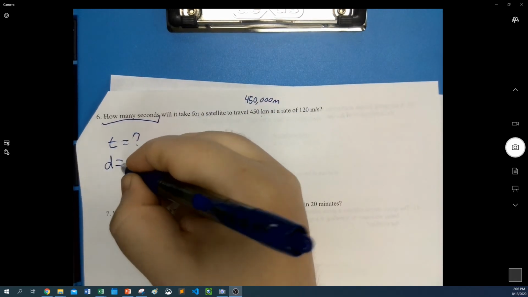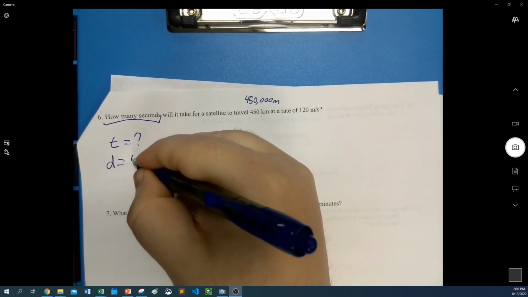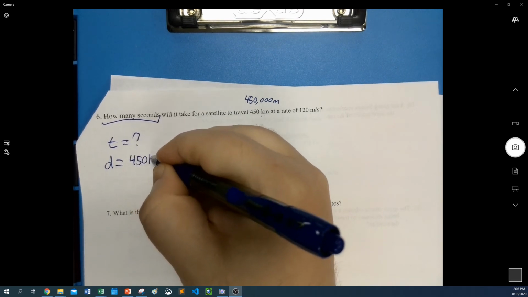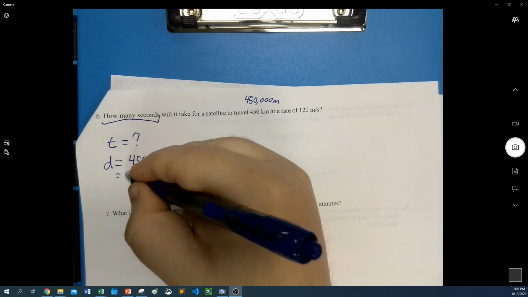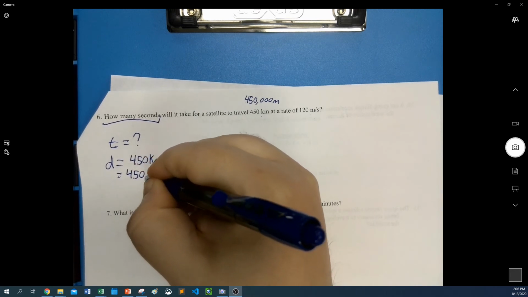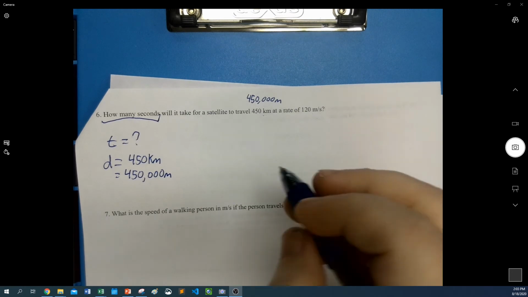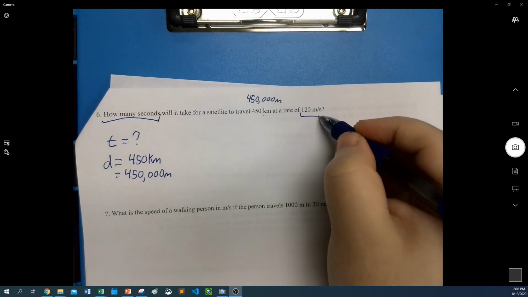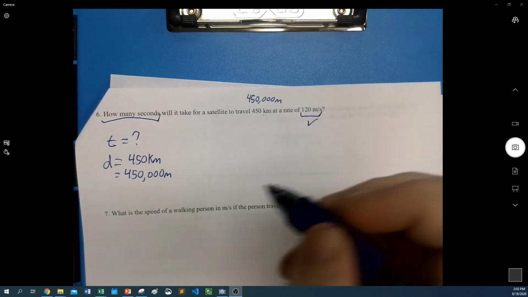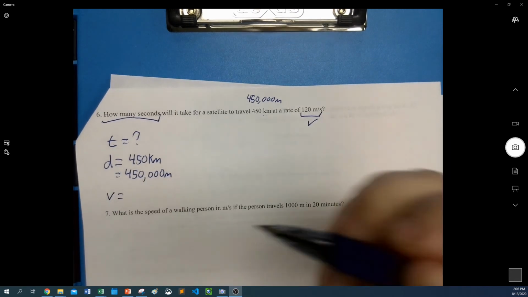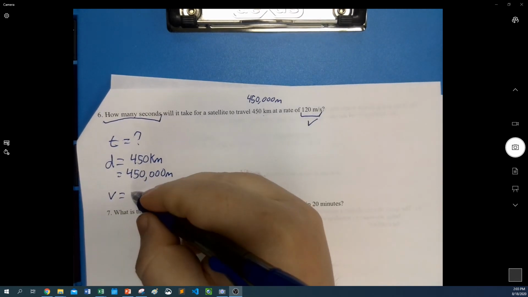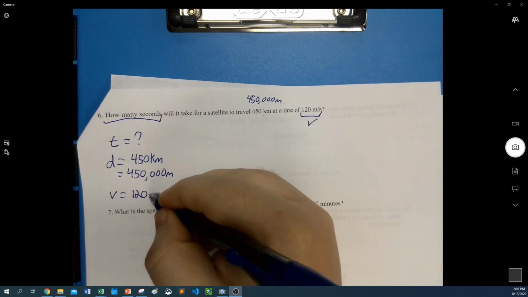So that's our distance, 450 kilometers, the same thing as 450,000 meters, at a rate of 120 meters per second. That's our velocity. So meters per second is a speed or velocity.